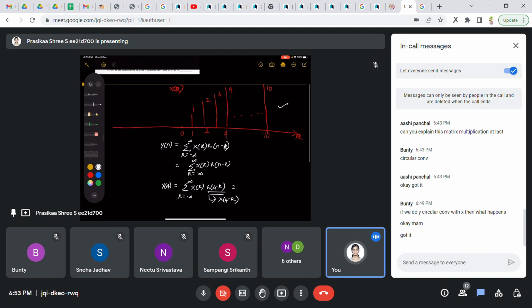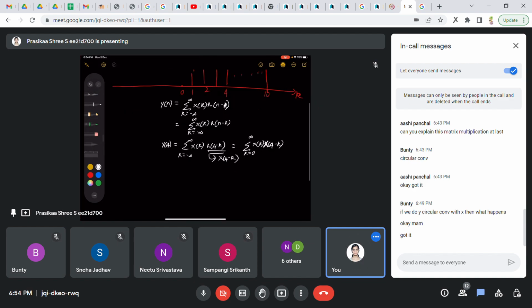Because x is a causal sequence, you can write it as k equal to 0 to infinity, x of k into h of n minus k, like 4 minus k. This is x because it is the convolution between the same sequence.